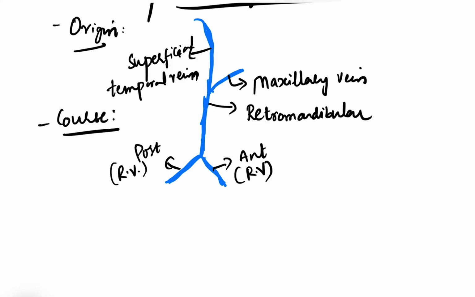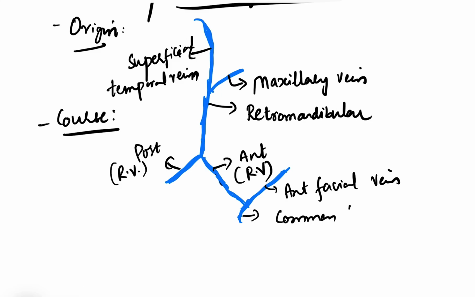This anterior division of the retromandibular vein will unite with the anterior facial vein. Let me label it, anterior facial vein, part of the facial vein. They will unite to form the common facial vein.